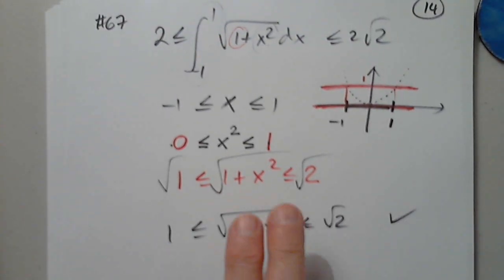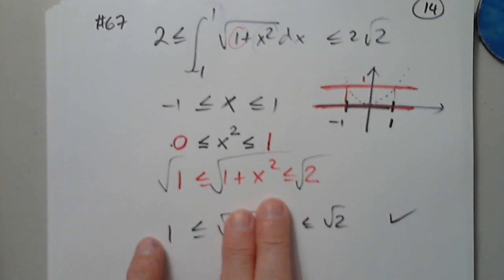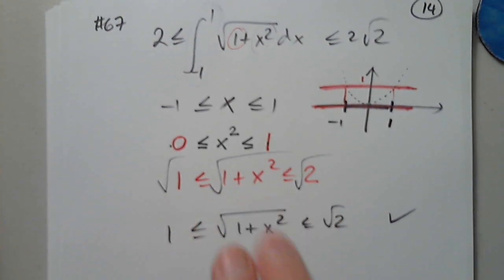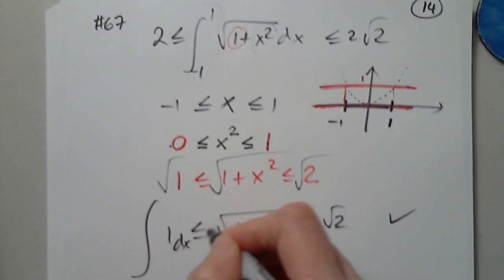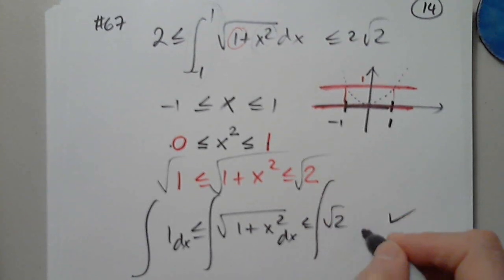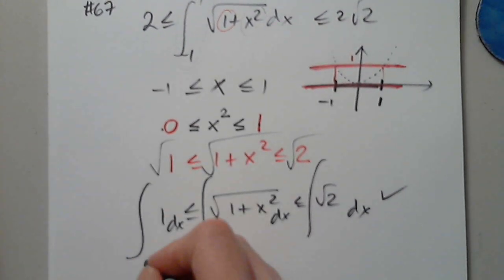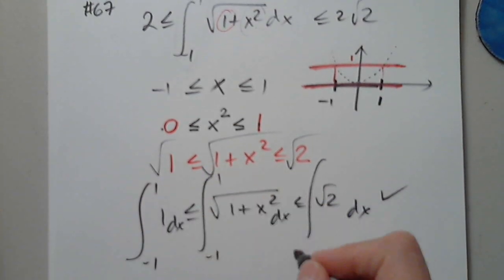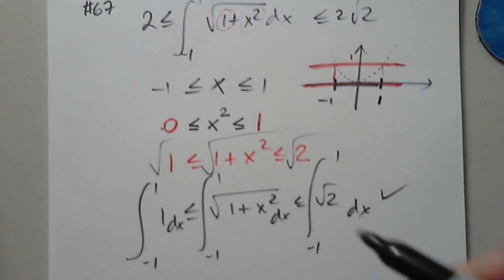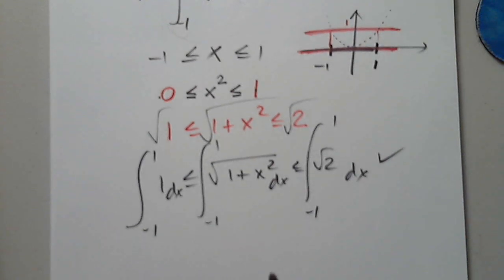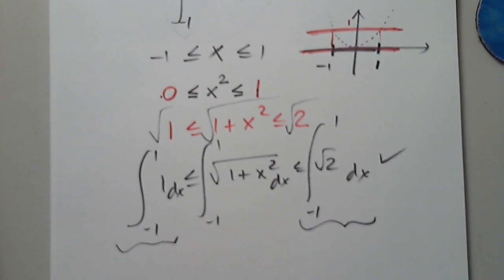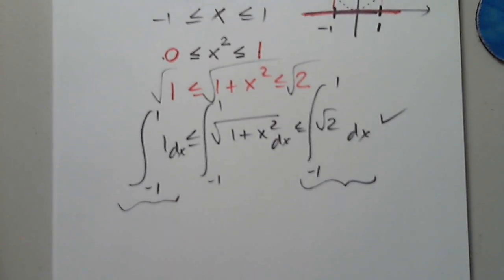Excellent. Because we know a property: when a function is between two constants, the integrals have to be in the same relationship. I have this in the middle. Now I have to calculate these endpoints, and I'm done.